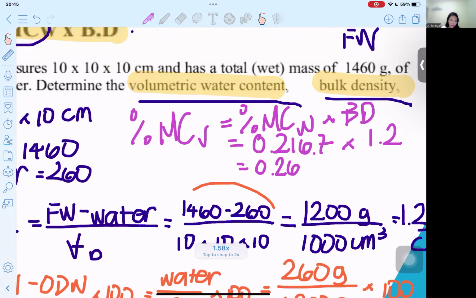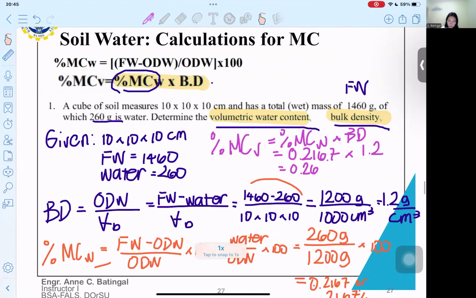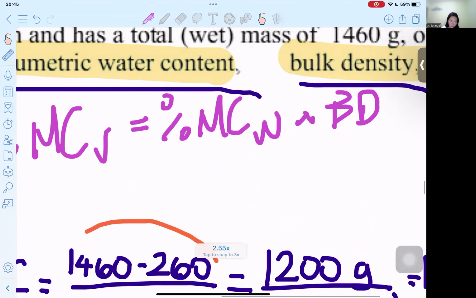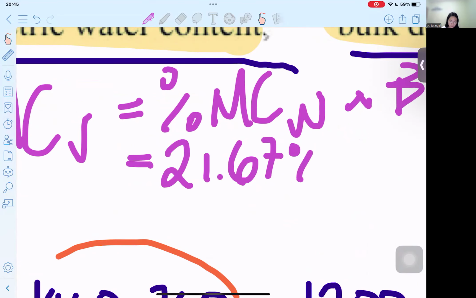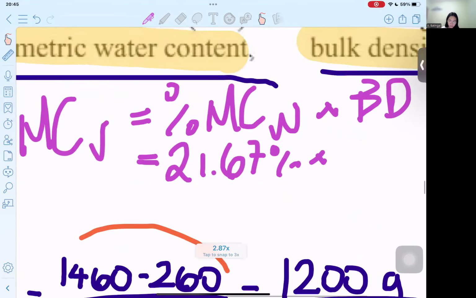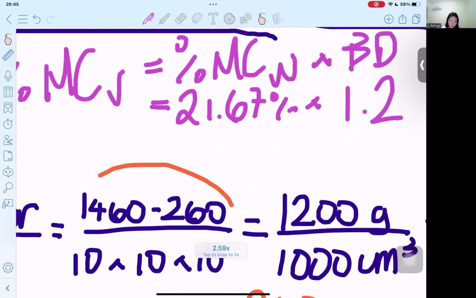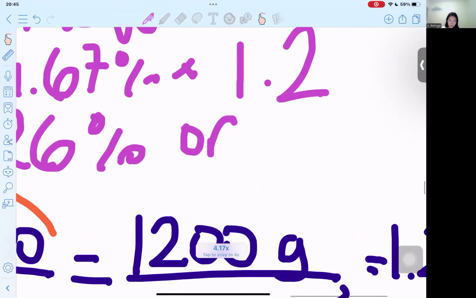Wait. But may percent man diay dapat gamiton. So, naka times 100 na ni sila. So, that is your 21.67% times 1.2 is 26% or 0.26.